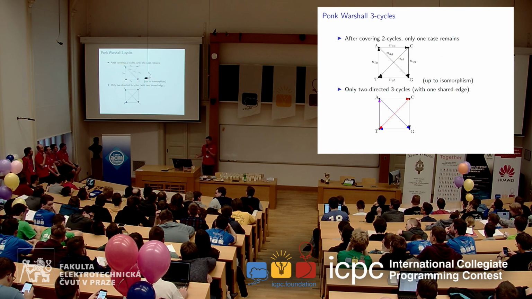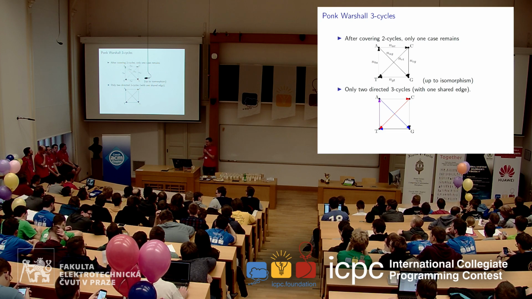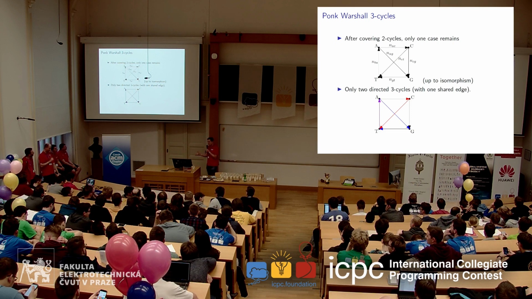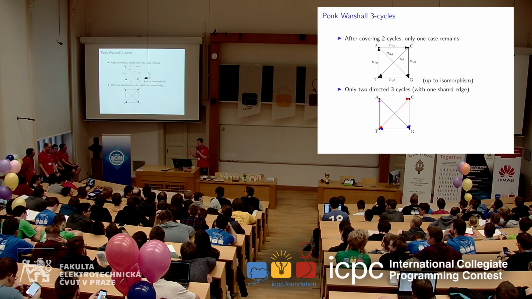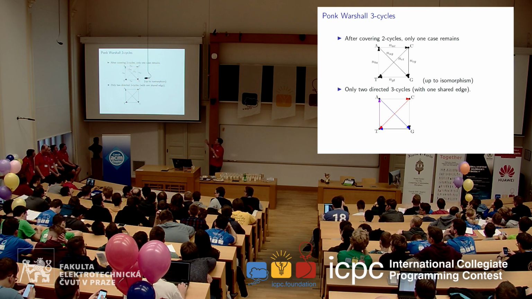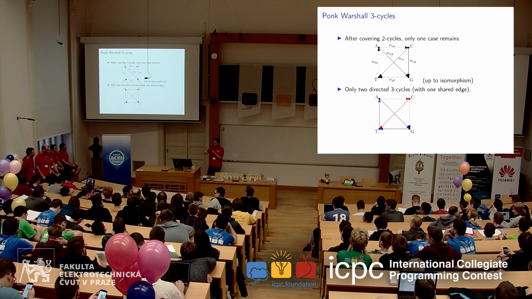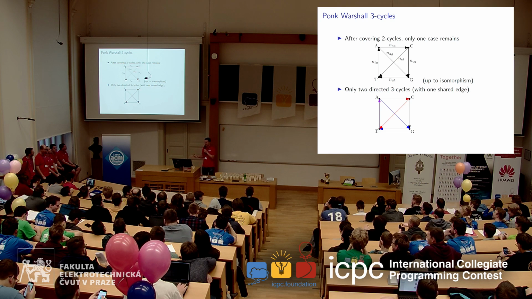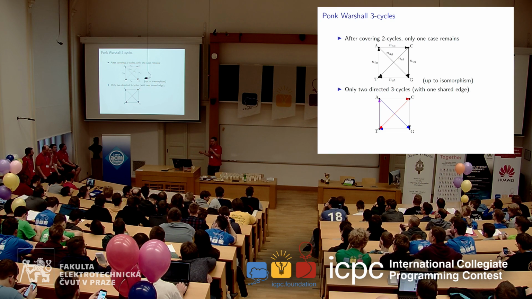3 cycles: now when we got rid of all 2 cycles, it's not so hard, but you have to draw a few pictures to find out that actually there's only one case up to isomorphism.